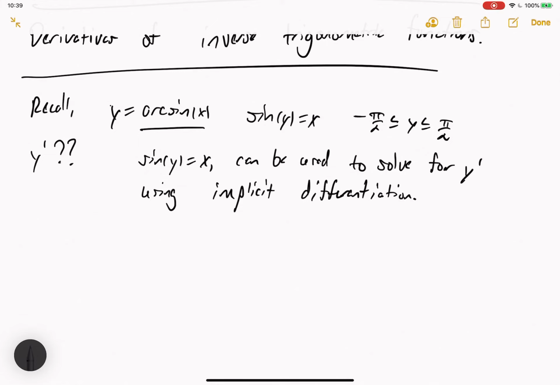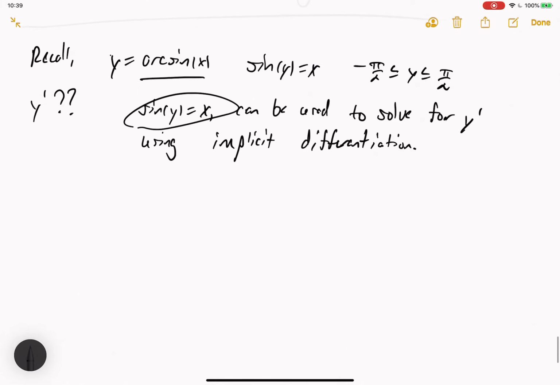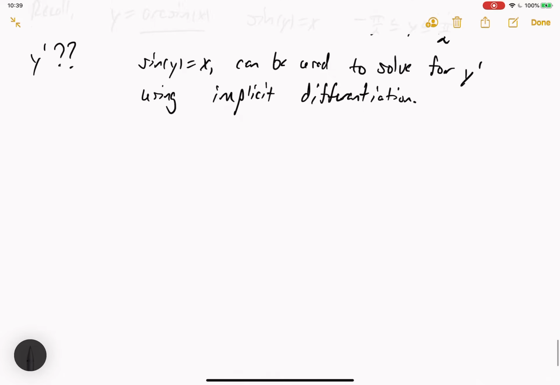So let's take a derivative of sine of y is equal to x with respect to x. So d/dx of sine of y is equal to d/dx of x.